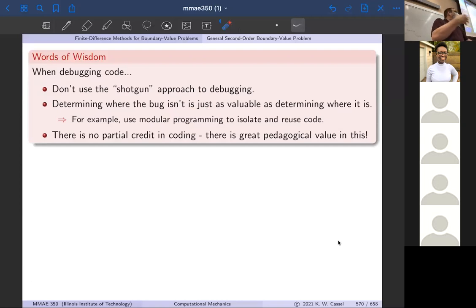It's helpful to have something in your life that doesn't give partial credit. This is engineering. It's not, well, we're going to build 10 bridges and we hope 9 of them stand up. It's we're going to build 10 bridges and all 10 better stand up. So when I run my code, it better give me the right answer. And if it doesn't, I need to know that. So in any case, that's just an interesting aspect of a class like this and the coding aspect of it that I think is actually quite helpful for us as engineers.